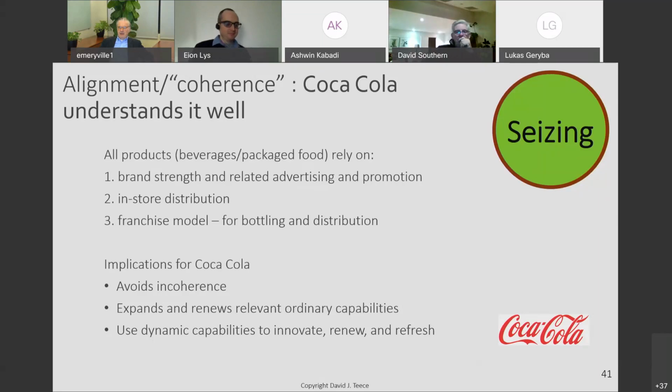And it all sort of hangs together. It avoids incoherence. It enables people on the ground to take responsibility and accountability, but it also frees them up to innovate, to renew and refresh. So, those franchise agreements: if Coke comes out with a new Coke, you've got to bottle it. You've got to produce it. You can't say, sorry, I don't want to make new Coke, or I don't want to do this or do that.